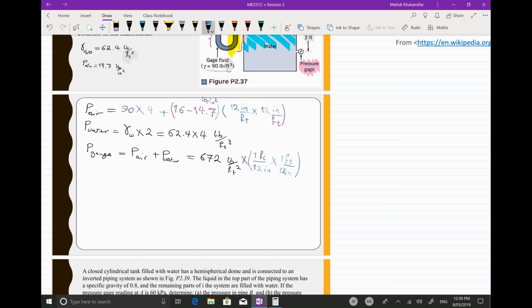So basically I'm dividing by 144. I'm dividing 672 by 144. Therefore, the pressure of our gauge is going to be 4.67 psi.